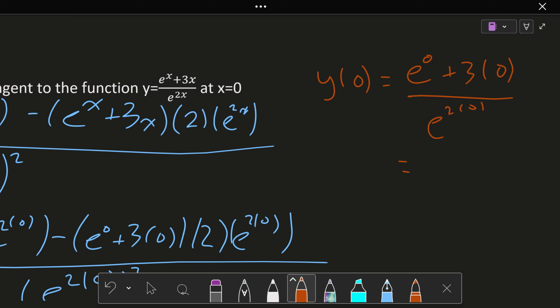And I'm going to get 1 over 1. So e to the power of 0 is 1, plus 0 is 1. And then the bottom is 2 times 0 in my exponent, which is 0, so e to the 0 is 1. I end up with 1 over 1, or just 1. So the point I have is 0, 1. That's the important thing I have.